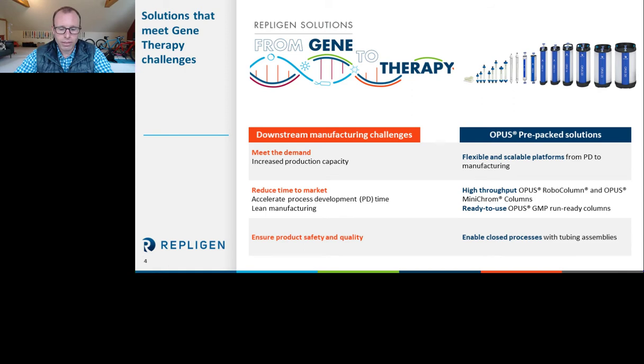These columns can be used for rapid process development and then scale up to GMP manufacturing. And a little bit more unique to the gene therapy marketplace, enabling closed processes with tubing assemblies to reduce or eliminate as much bioburden risk as possible is something that we see is becoming more and more common. We'll talk a little bit about that later in the presentation.